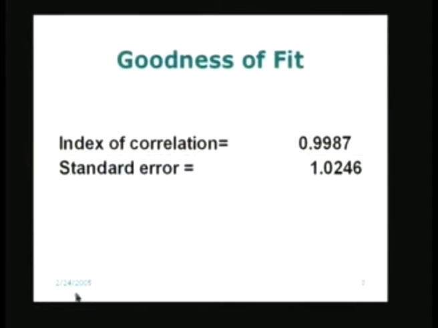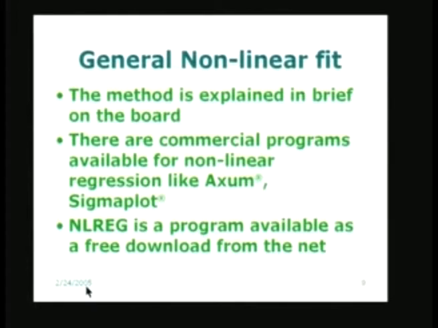So this is something about the quadratic or the polynomial fit. And now let us look at the general nonlinear fit problem. The difficulty with the general nonlinear fit problem is that it may be represented by an equation which is difficult to handle.